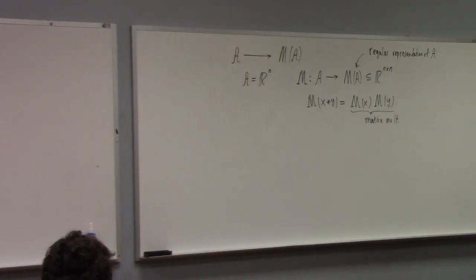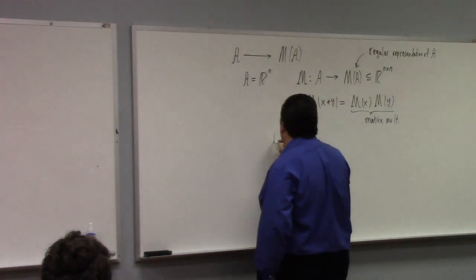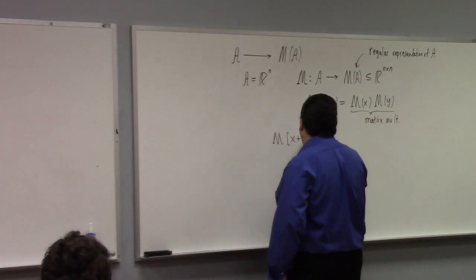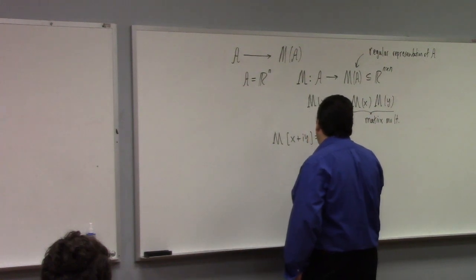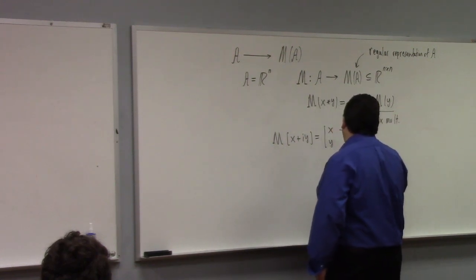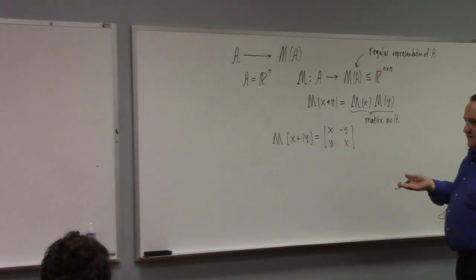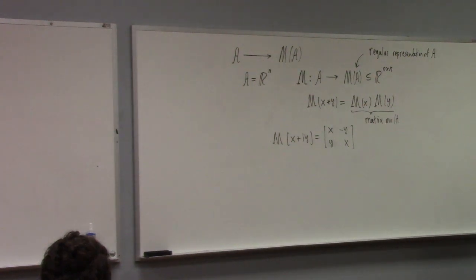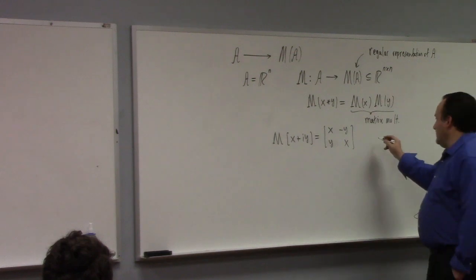And so I've showed you guys the regular representation of the complex numbers. The regular representation of the complex numbers was this, x plus iy: you actually do that 2 by 2 real matrix, x, minus y, y, x. That's the regular representation of the complex numbers. Those 2 by 2 real matrices multiply and behave like complex numbers. For example, you can check this out.